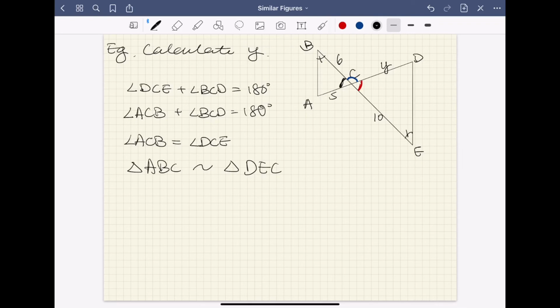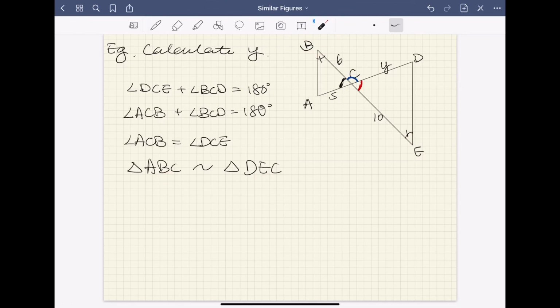Now you might wonder why I use DEC, not CDE. The reason is that I would like to have the corresponding angles in order. We know angle B and angle E are the same, so both are in the middle.